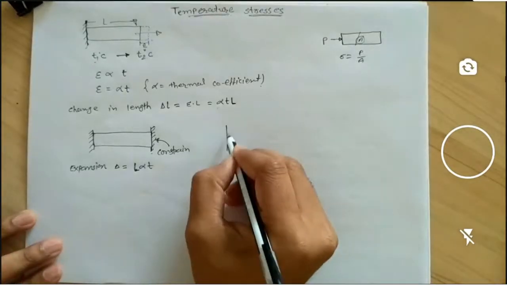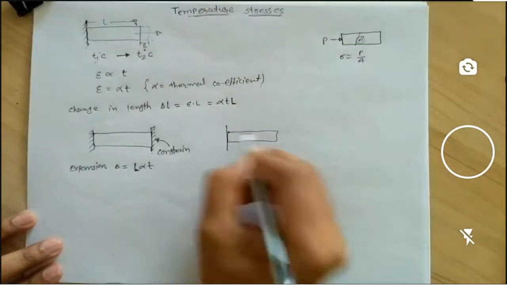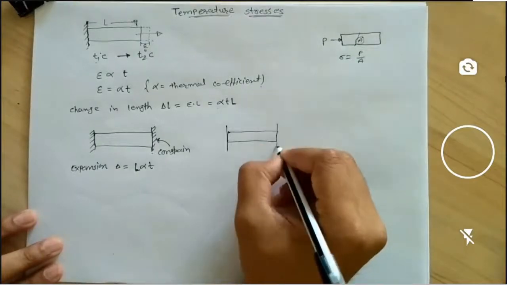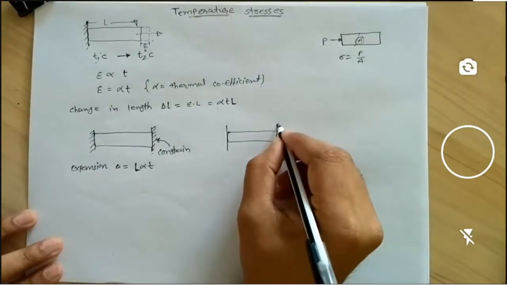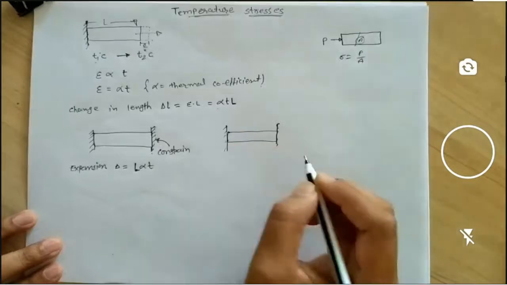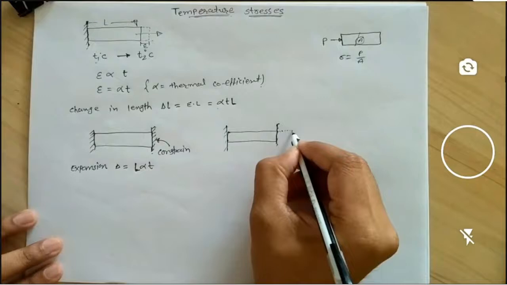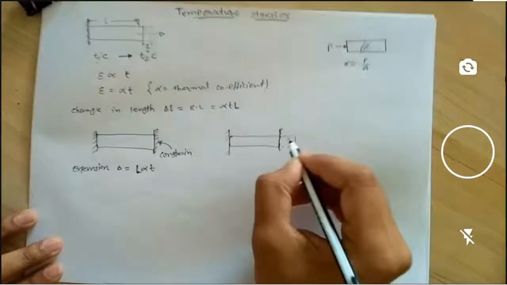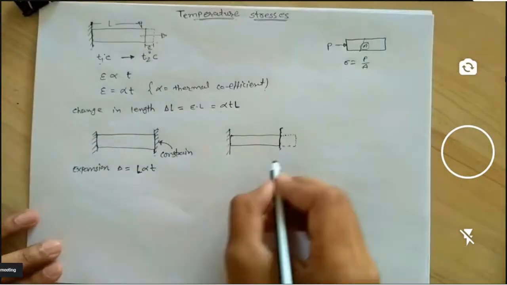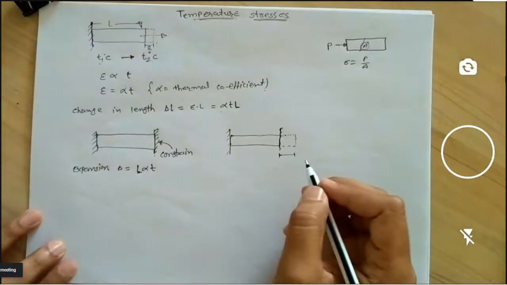In that case, what happens? Initially our member is like this. Here another support is there. Now due to the temperature increase, the length is increased up to here. So that is the change in length due to the temperature.